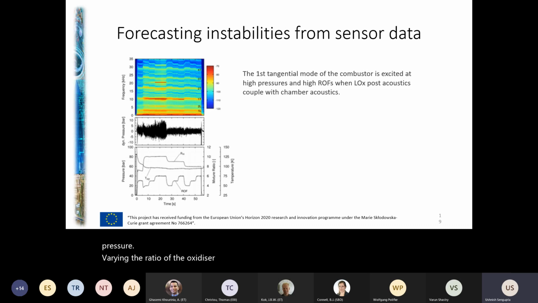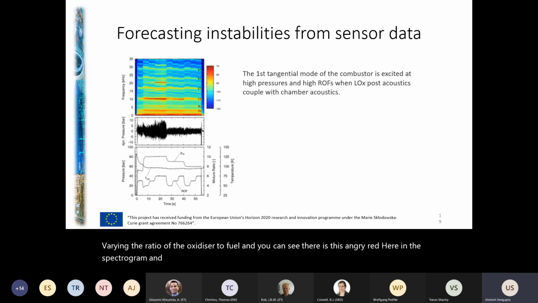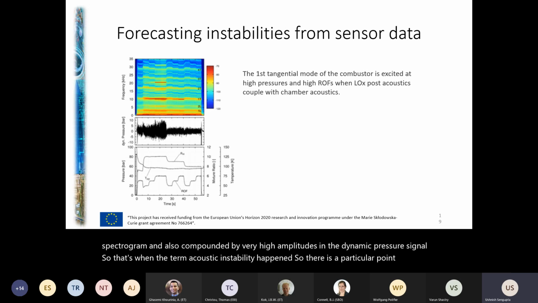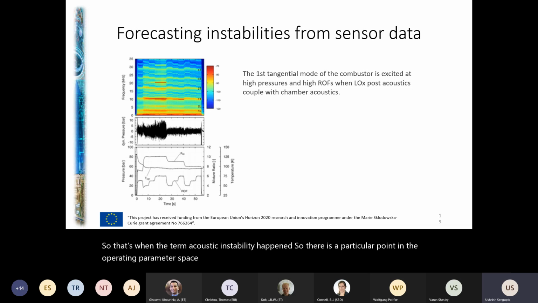You can see this angry red in the spectrogram, also accompanied by very high amplitudes in the dynamic pressure signal. That's when the thermoacoustic instability happens. So there is a particular point in the operating parameter space where the chamber is thermoacoustically unstable, and our challenge is whether we can forecast that.